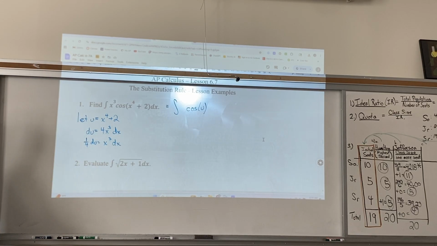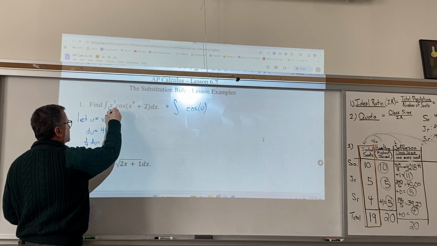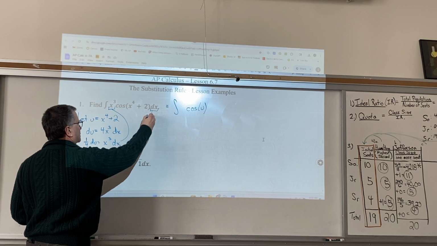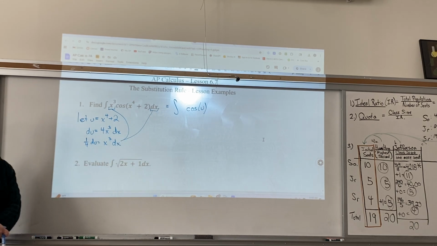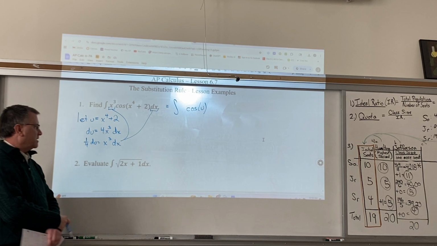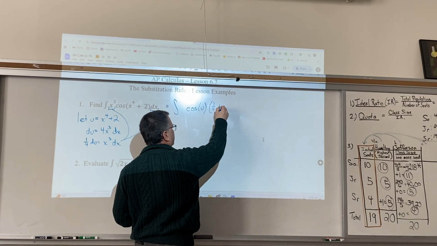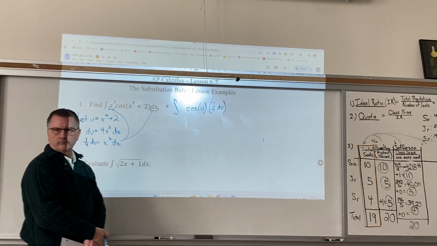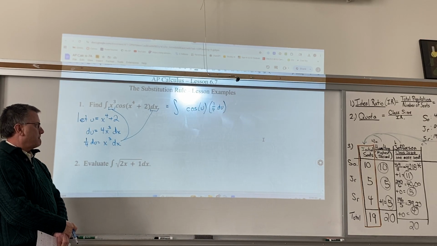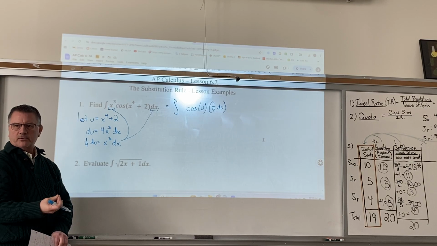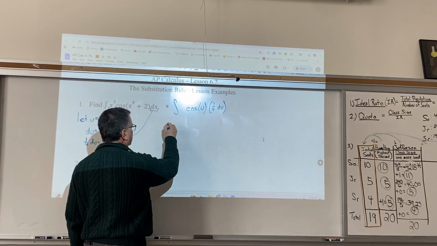Forgot the whole important part. Okay. So u cosine of u, and notice this, x cubed dx, I can just make that 1/4 du. And I know from my properties of integrals that if I have a constant, I can just pull that out front.